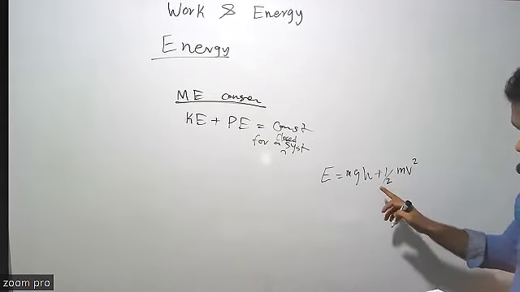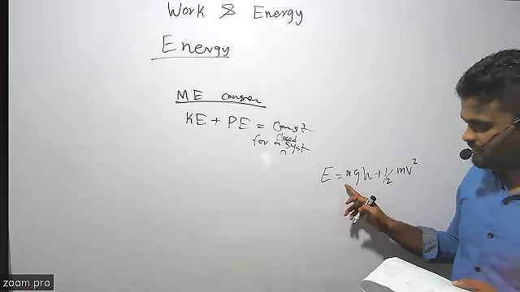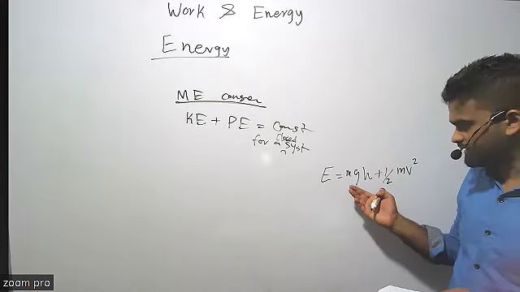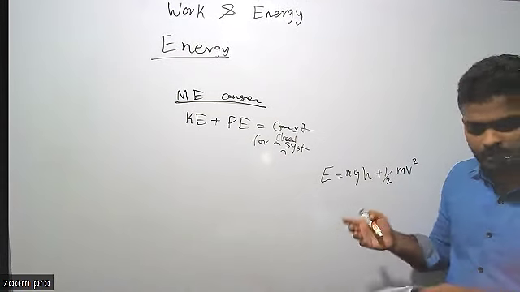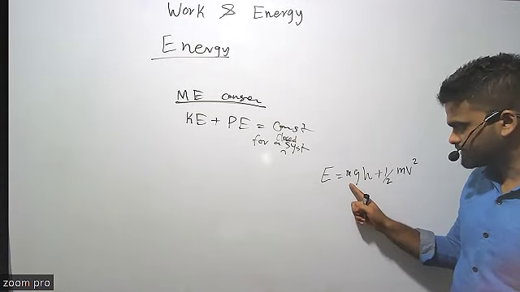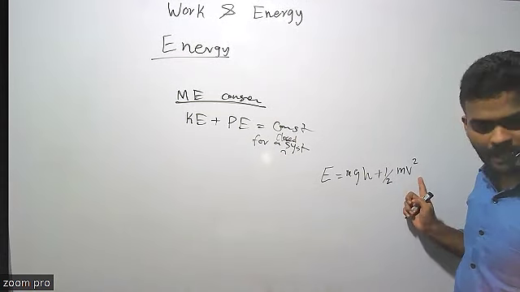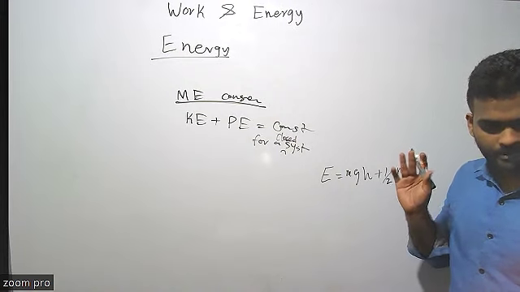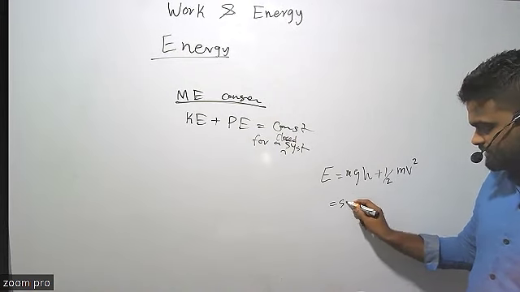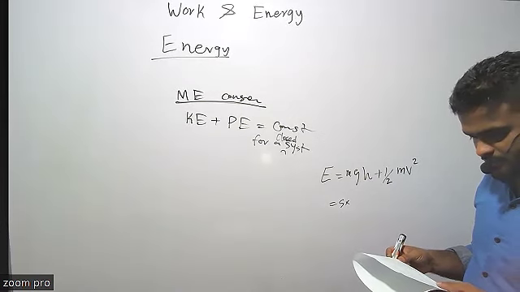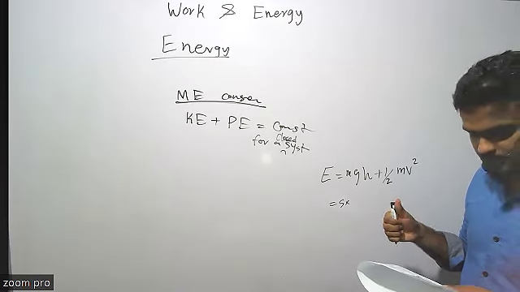So the total increase of energy is due to the pump, due to both: potential energy plus kinetic energy. Understood? Then just substitute values, and if you get the answer, thumbs up.